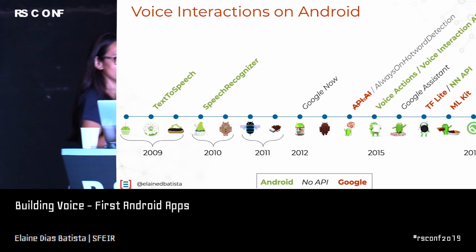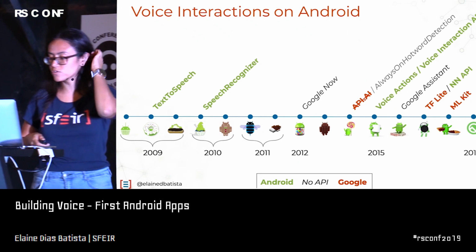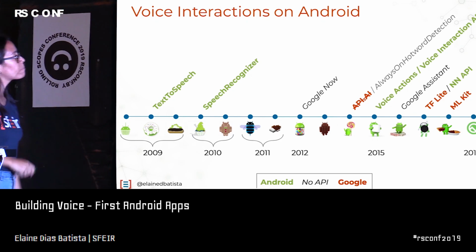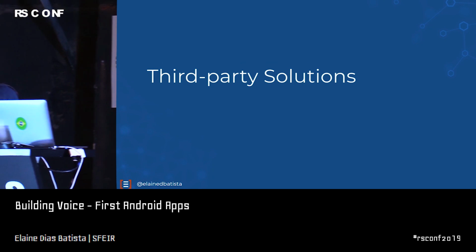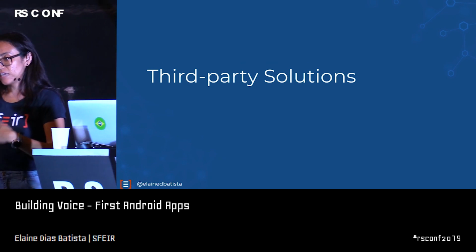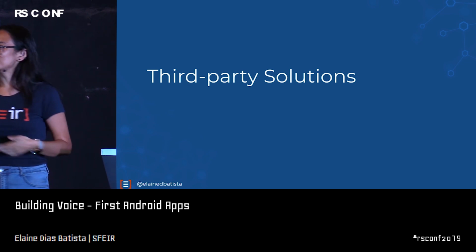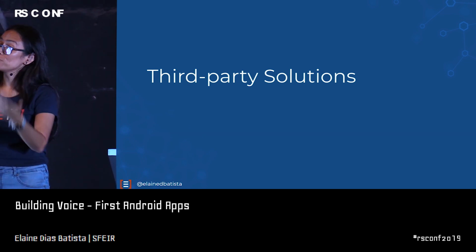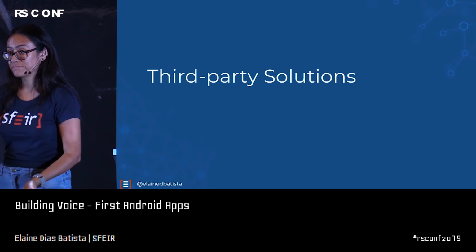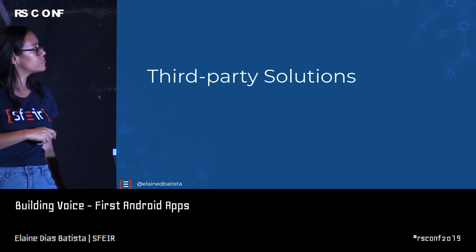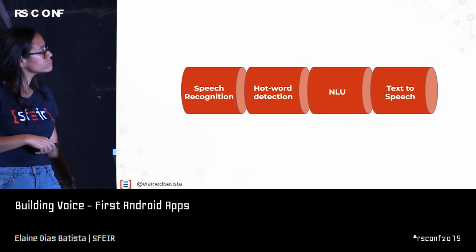I'm not going to be getting into the detail about those technologies, but I just wanted to show that the efforts keep coming. So that's really cool that Google and the Android team put a lot of effort in that area, but it's not only Google, there's a lot of other third-party solutions that can do the same kind of thing.